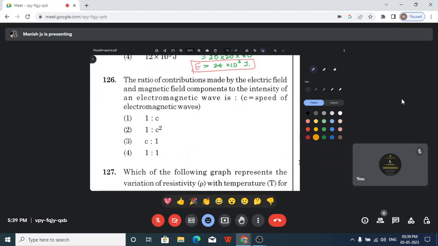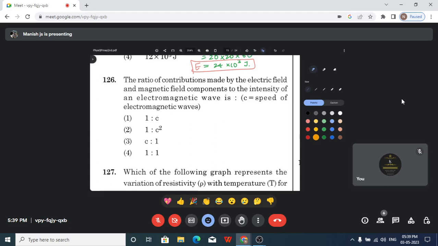Electromagnetic wave means the electric field and the magnetic field both are present together. They coexist and they are perpendicular to the axis in which they are propagating. The electric and magnetic fields are also mutually perpendicular to each other.